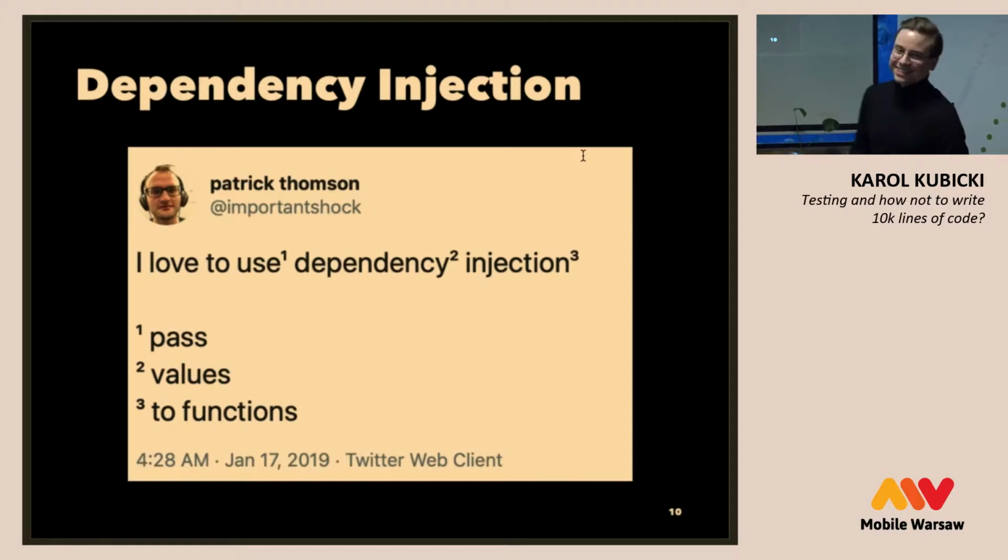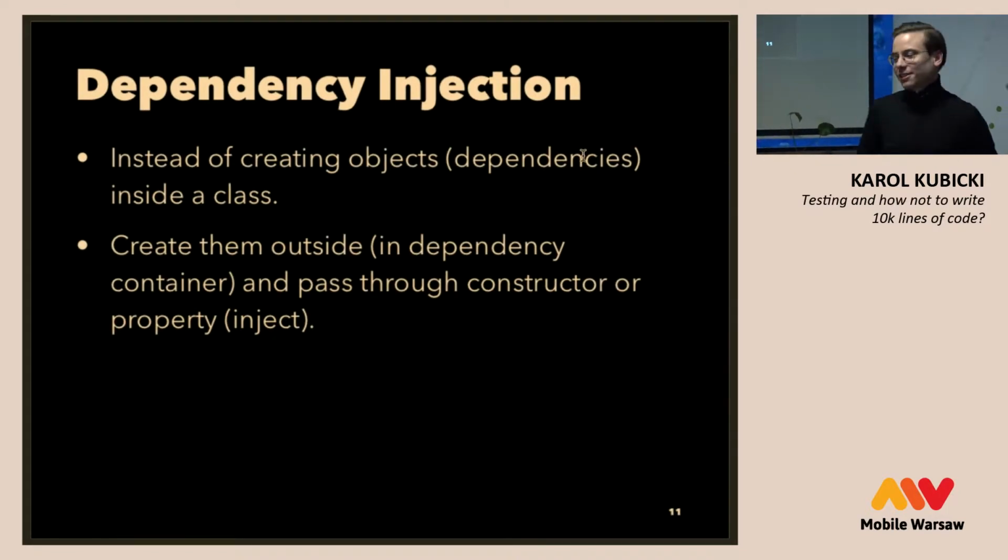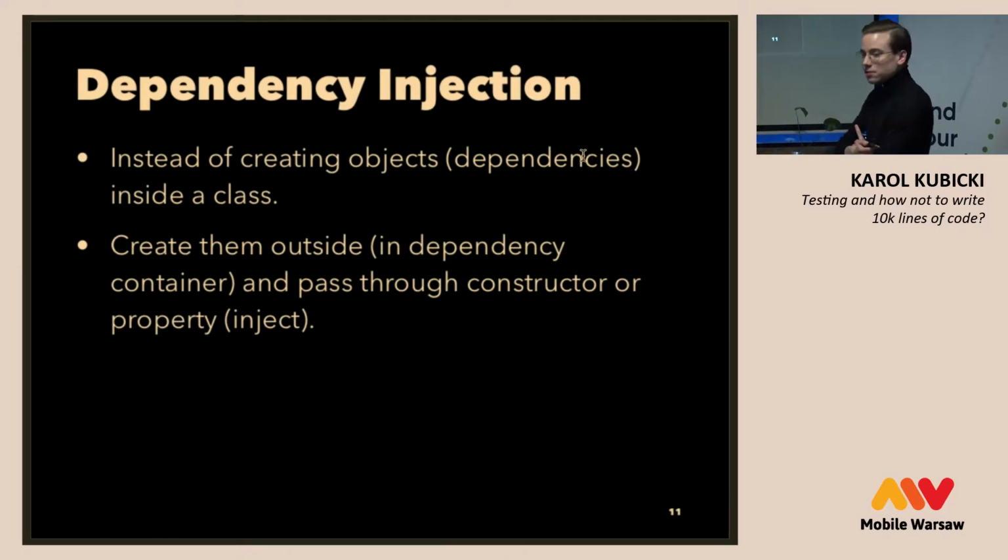Recently, I found this tweet when I was refreshing this presentation: "I love to use dependency injection, which means I love to pass values to functions." So this is it. But to wrap it in more object-oriented terms, instead of creating objects which are dependencies inside a class, we create them outside of the class in something called a dependency container.